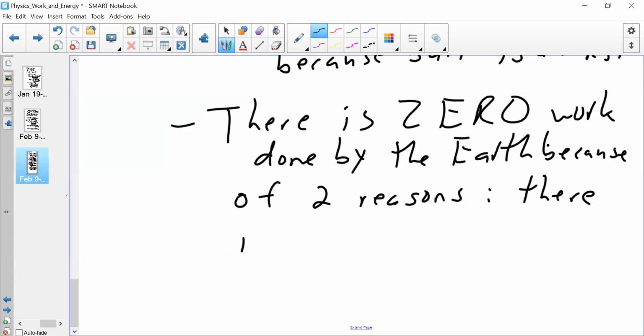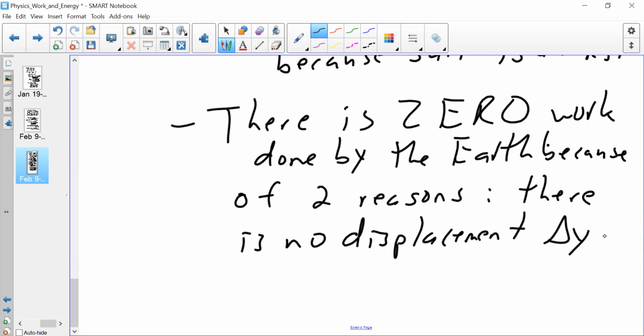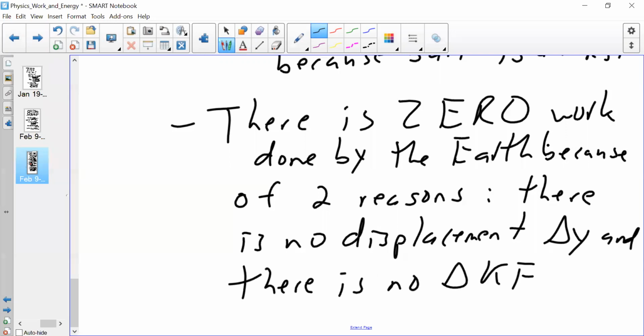There is no displacement. And since there is no displacement, since I'm not moving the ball, I'm just holding it, there is no change in speed. Therefore, there is no change in kinetic energy. It's just staying there in space. I'm holding it in the air. So since those things are both 0, no displacement delta y, no change in kinetic energy, there is no work being done by the force of gravity.